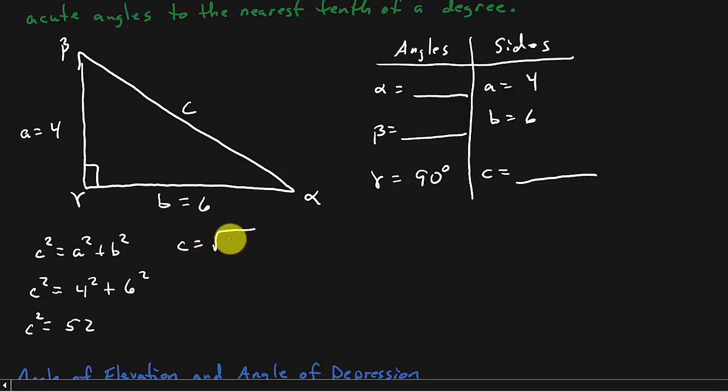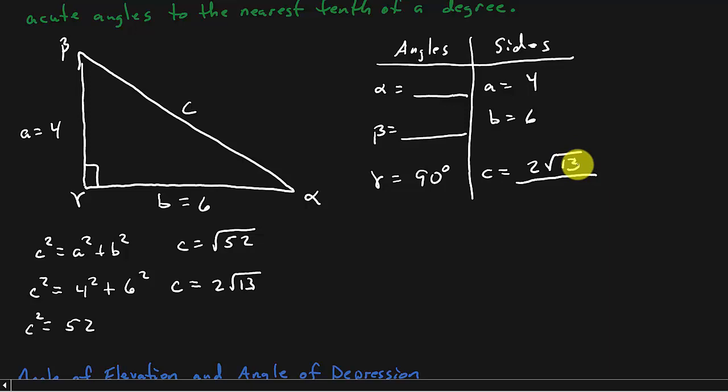So C is the square root of 52. So C, that would be 2 square roots of 13, because remember, 52 is the same thing as 4 times 13, and the square root of 4 is 2. So there's C. That is 2 square roots of 13.